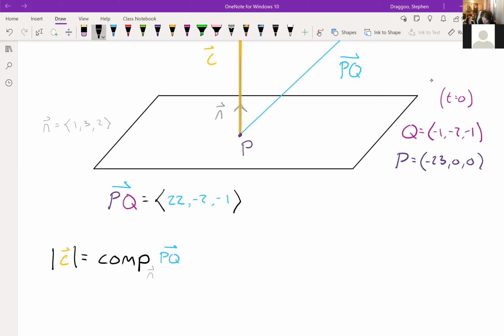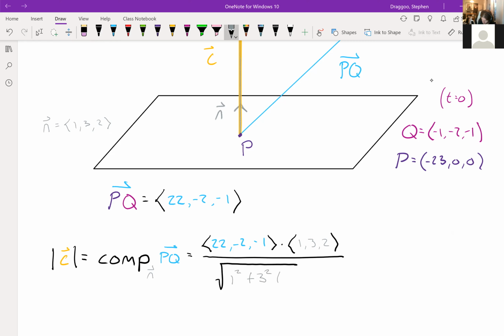So this component ought to be the dot product of 22, -2, -1 with that normal vector 1, 3, 2, divided by the magnitude of our normal vector, which is 1 squared plus 3 squared plus 2 squared.